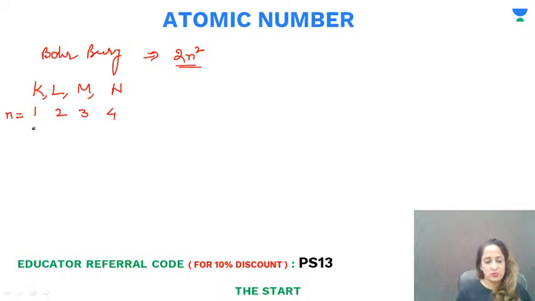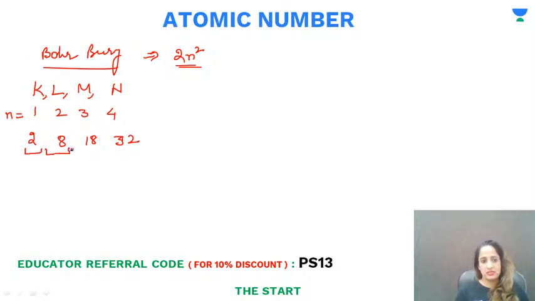So the electrons present in K shell are 2, then 8, 18, 32, like this. Thank you so much, Saloni. Right, so this is what Bohr and Bury told us: 2 electrons, 8 electrons, 18 electrons and 32 electrons.